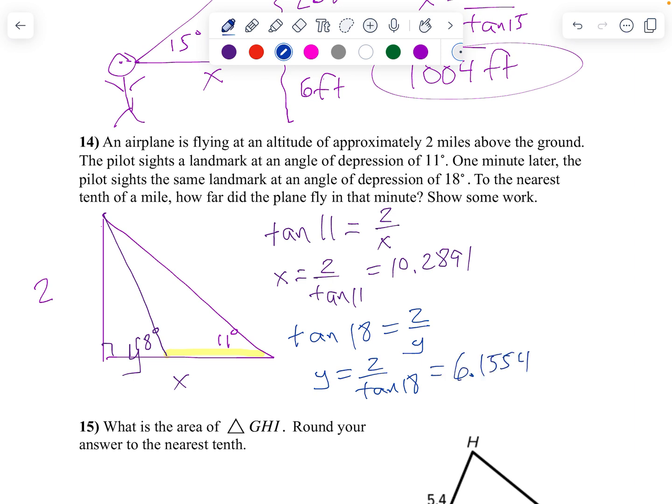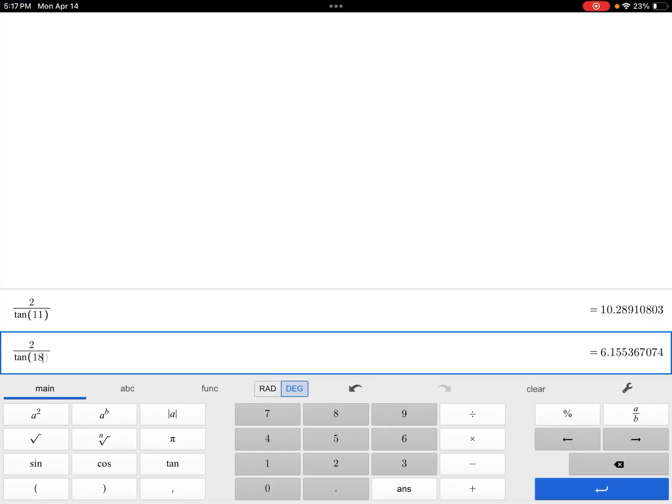Now to find my yellow, I'm going to take x minus y. In other words, I'm going to take 10.2891 minus 6.1554. And then I'm going to round my answer to the nearest tenth. Now I don't like writing all those decimals, so I'm going to go back up here.